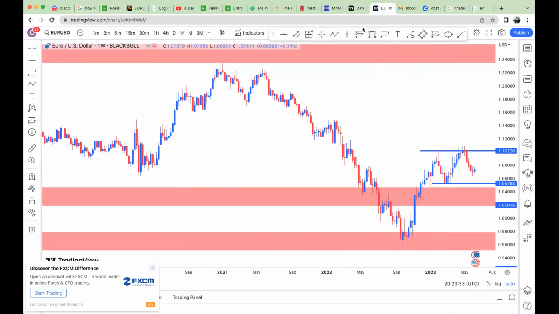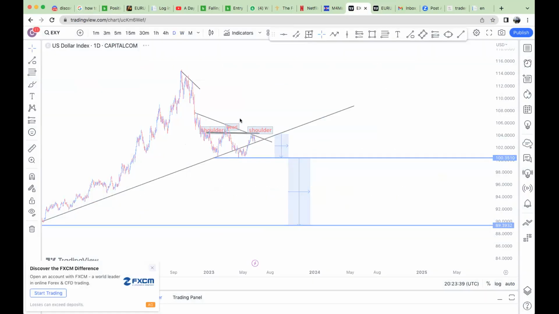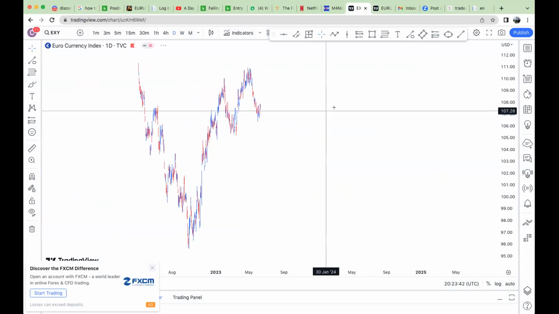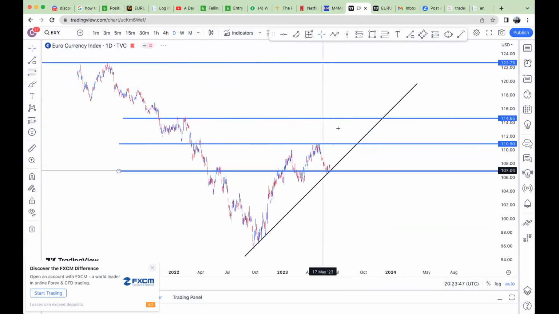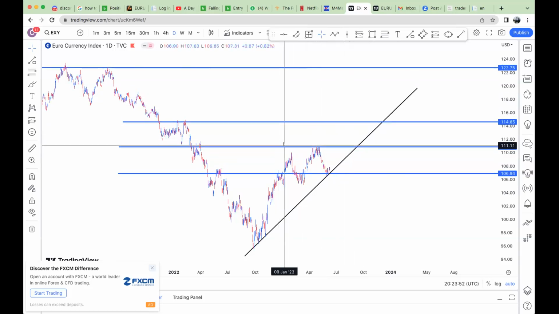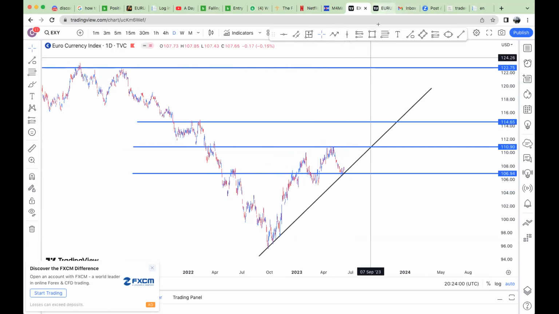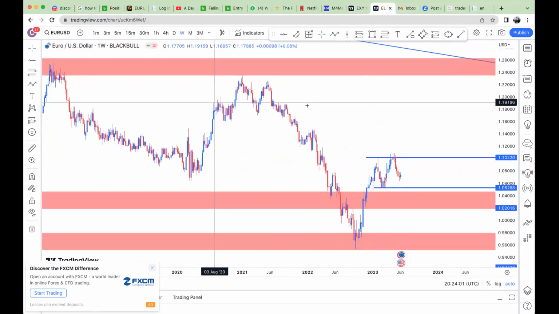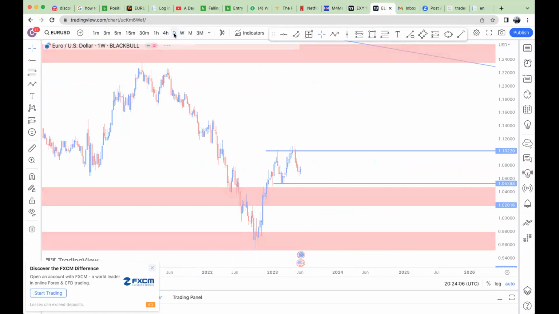On the other hand, I am looking at EXY and I'm expecting EXY to go up. These are the confluences I am using to say Euro USD is going up. But for right now, on the short-term basis, Euro USD is on a downward trend.